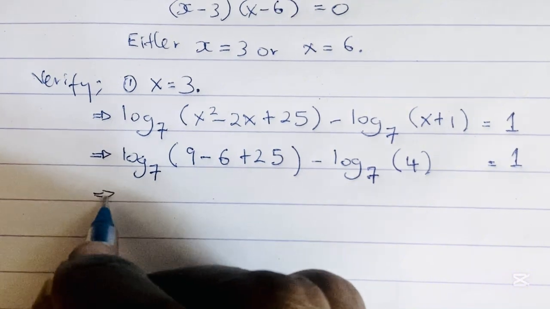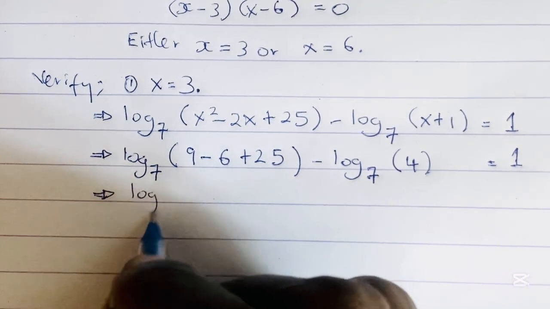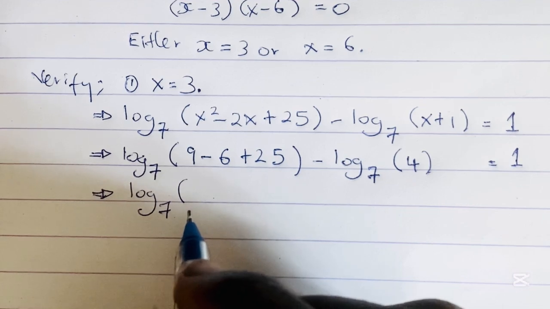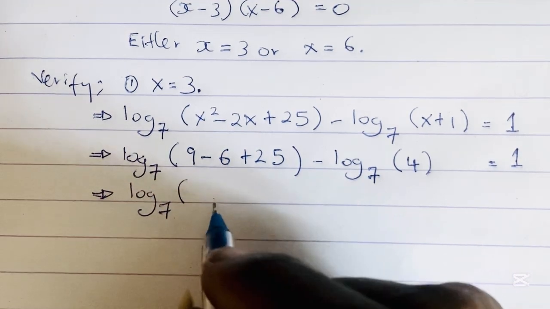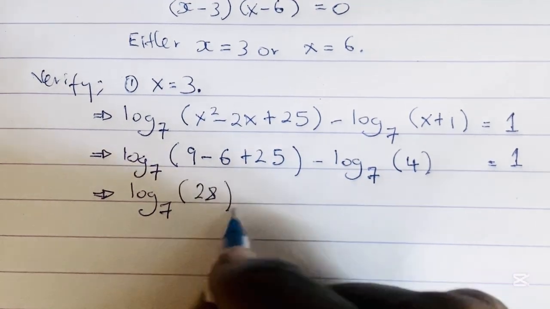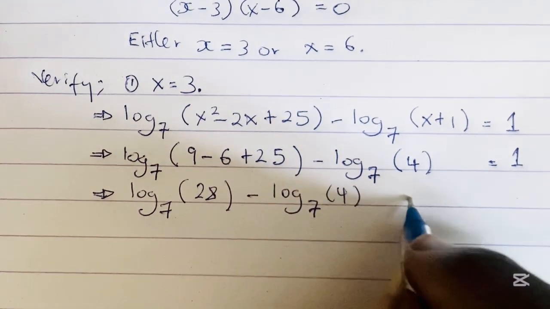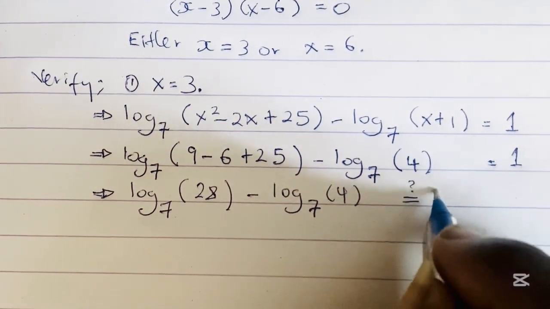Then log 7 of (9 minus 6 plus 25 is 28) minus log 7 of 4 should be equal to 1.